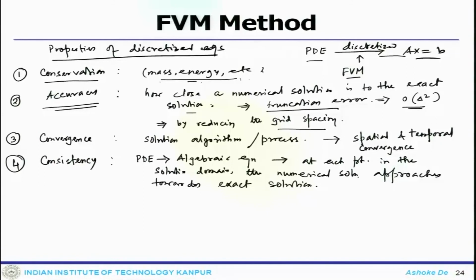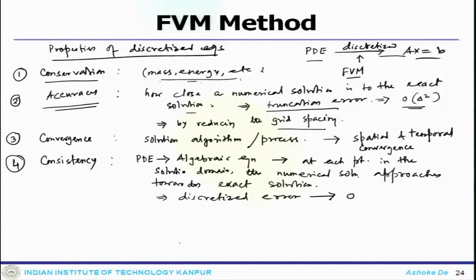So, whatever discretization error you have approaches 0, and the discretization error comes primarily from the truncation error and also some numerical errors, round off errors.